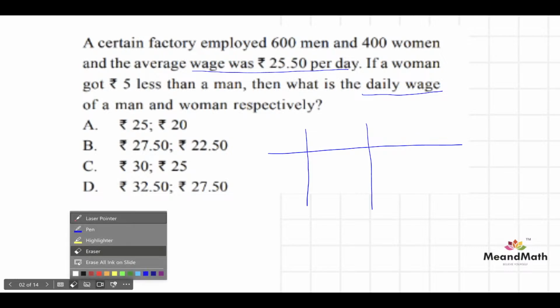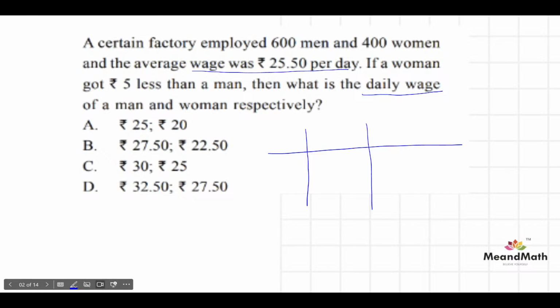How many men do we have? We have 600 men and 400 women, and the average daily wage is 25.50 per day.